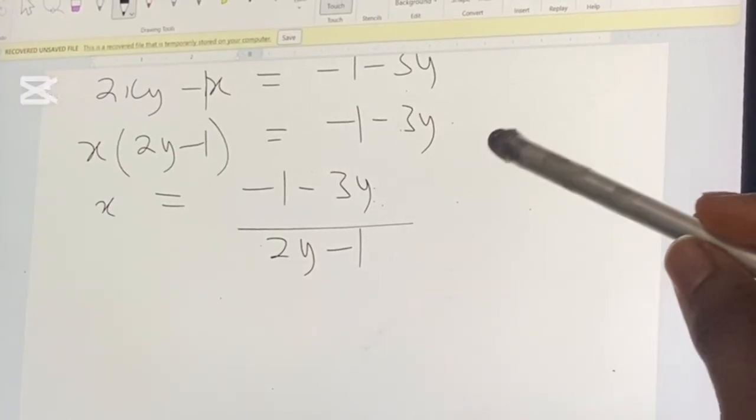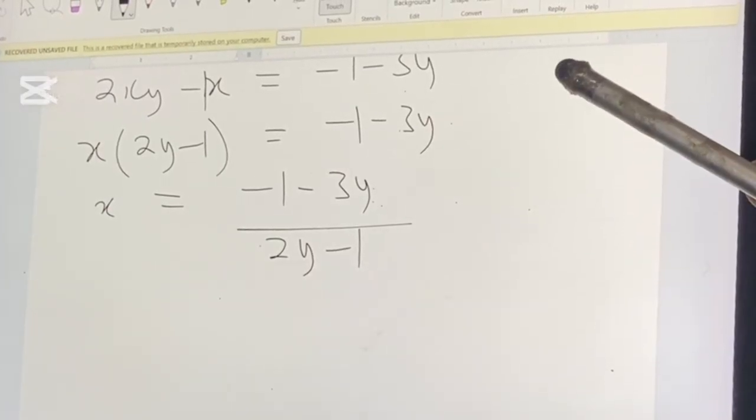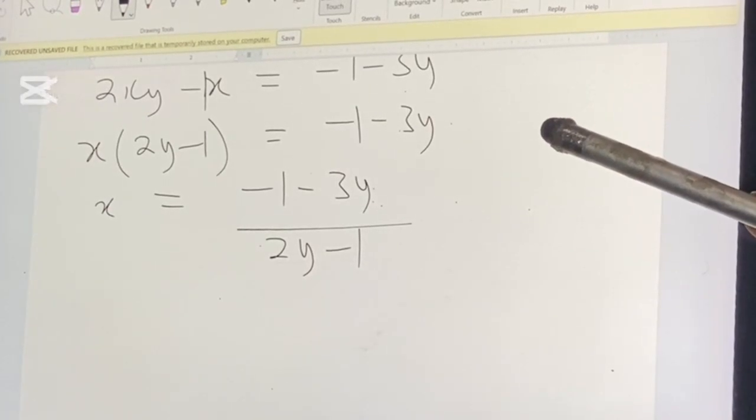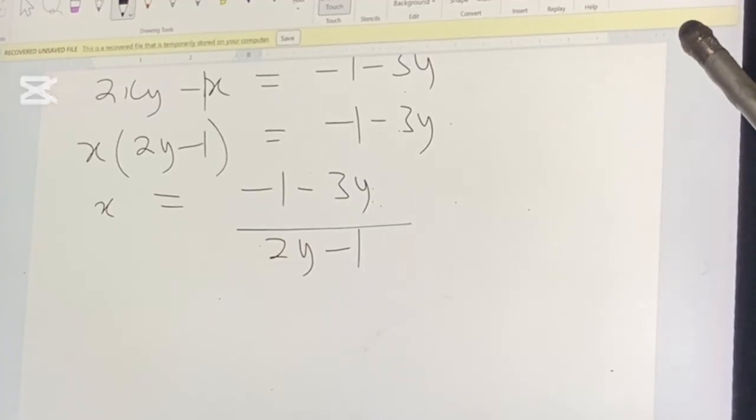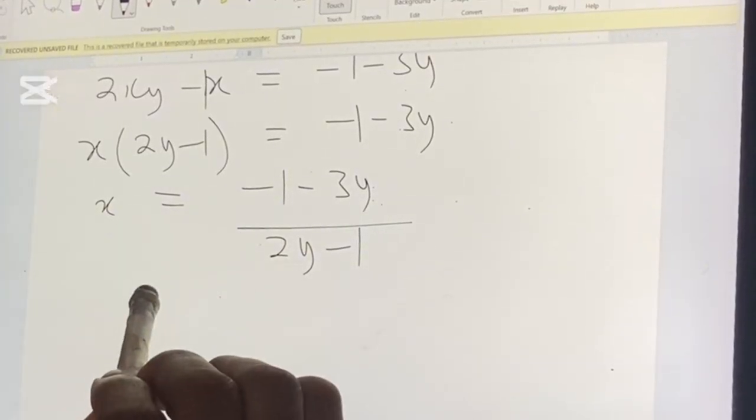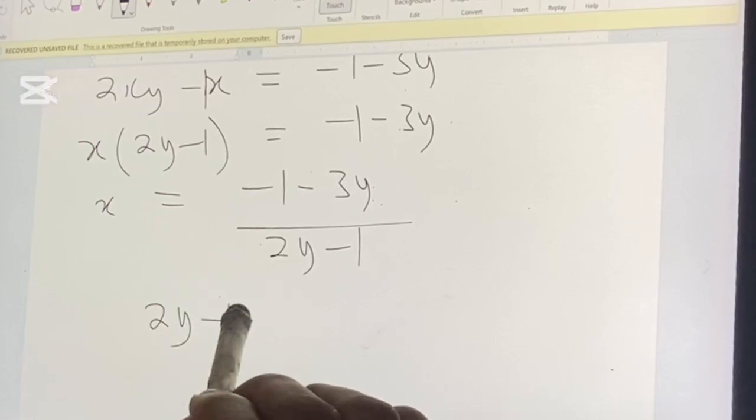If you look into this function here, it's a divisional function, and to find the domain or range of a divisional function, we equate the denominator to 0 and find the value, okay. So let's equate it. This will be 2y minus 1 is equal to 0.